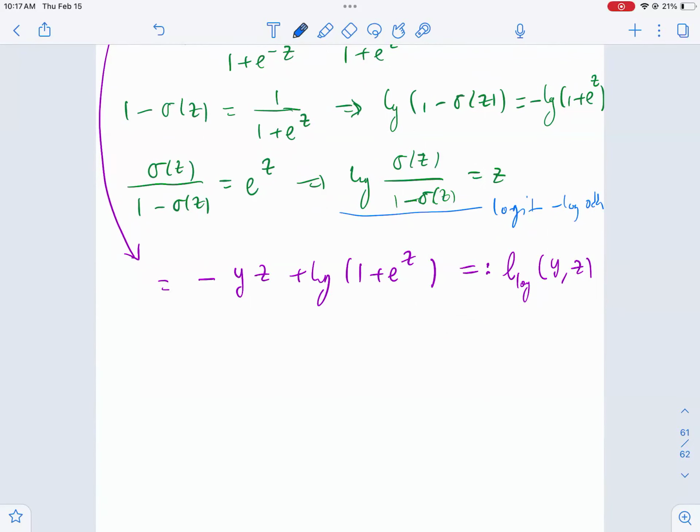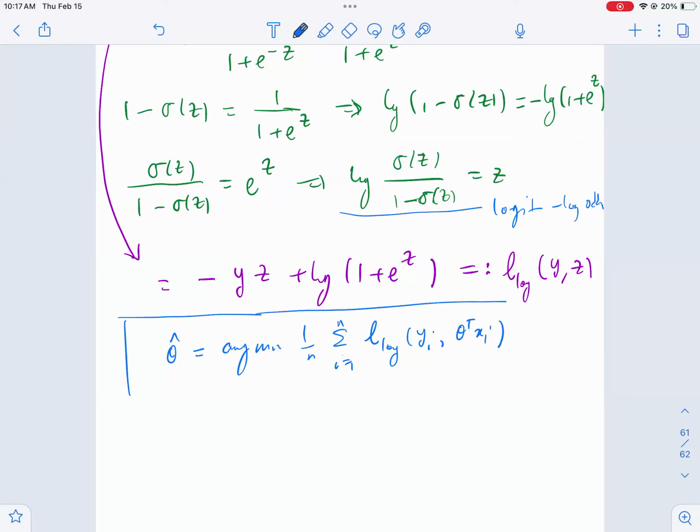So in terms of these, I can write theta hat as the argmin of 1 over n summation i from 1 to n of this loss of yi and zi, where zi here is theta transpose xi. We no longer have the sigma. Now this is very close to linear regression, because when I replace this log loss with the quadratic loss, I just get linear regression.